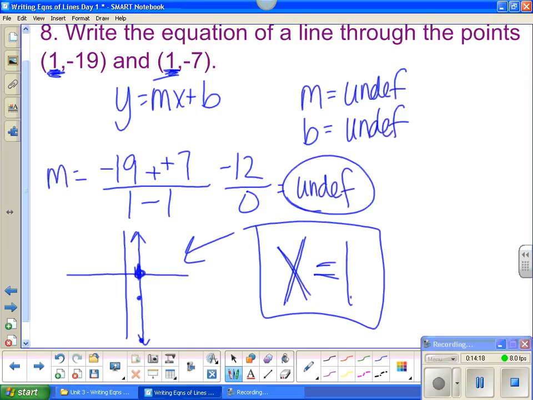Now, some people may sit here and say, well, what if your x values are different? They can't be different. If your slope is undefined, it's because you get 0 on the bottom. The reason you get 0 on the bottom is because you've got the same number under here. So if it's x equals, it's going to be x equals the x value of your points, which will always be the same. And that'll keep you from having to graph it.